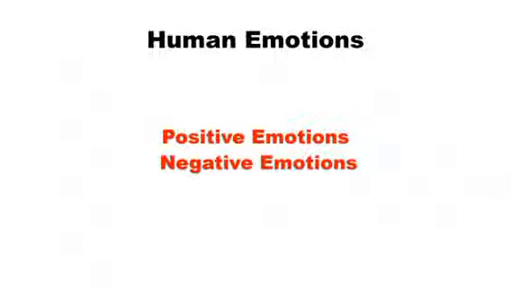In the positive emotions, we can do the work easily, even if it is hard to do, but due to the positive emotion we can easily finish that work. And in negative emotions, we find it difficult to solve in a particular time. Even if it is easy, we will take more time to solve because we have the negative emotions. So that is the difference between the positive emotions and negative emotions.